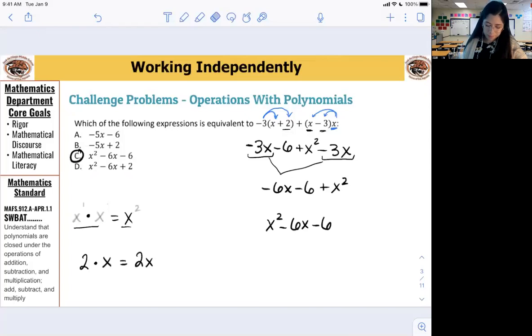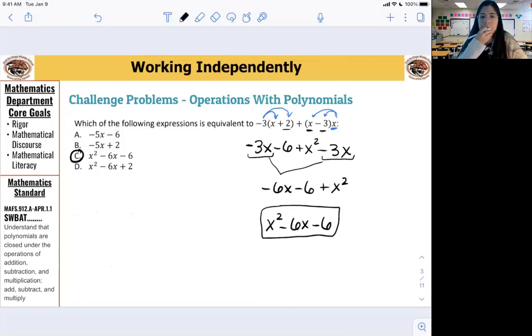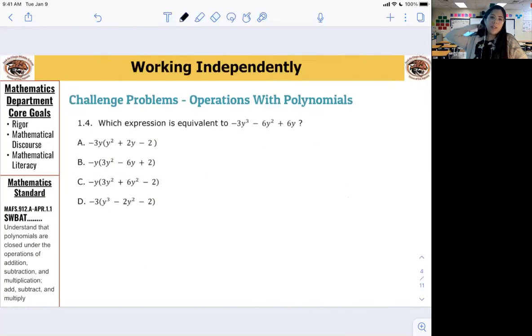All right, so this is the answer for this question. Does anyone have any questions on it? Awesome. All right, here's another. Let's see what's different here. They gave us the final answer.